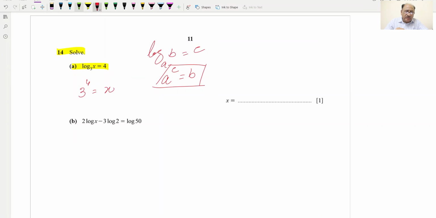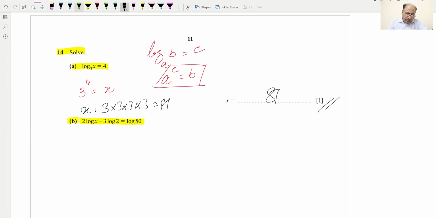Now we can write x will be equal to 3 raised to 4, meaning 3 into 3 into 3 into 3, which is equal to 81. So our answer will be 81 for this 1-mark question. Now the b part: this is a logarithmic equation which we have to solve.